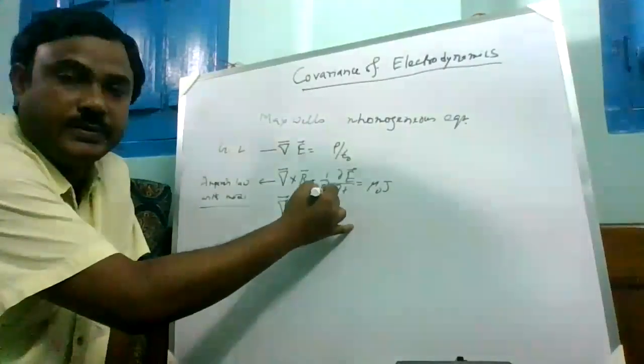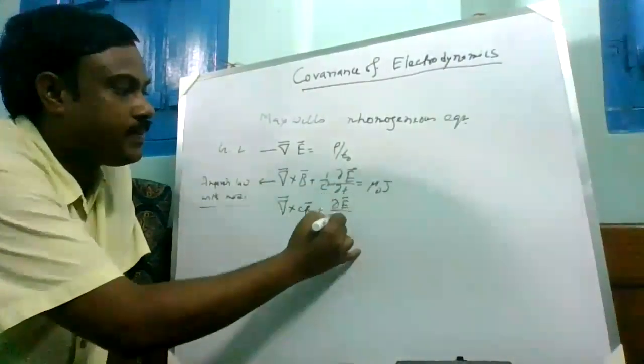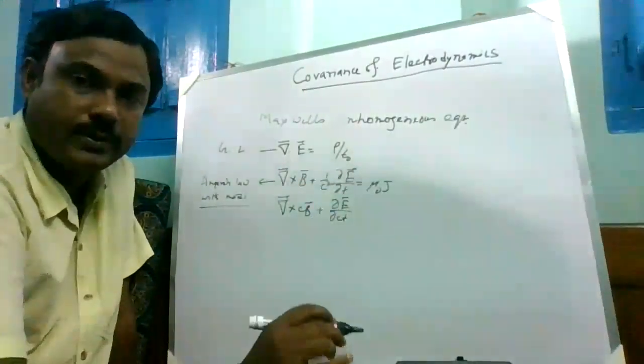So one c will be reduced, so this will be del E by del ct, right?